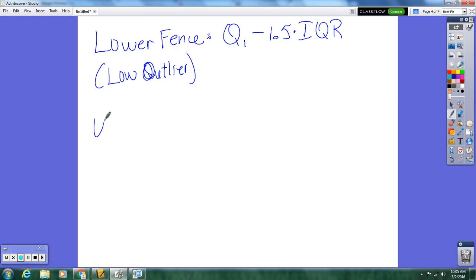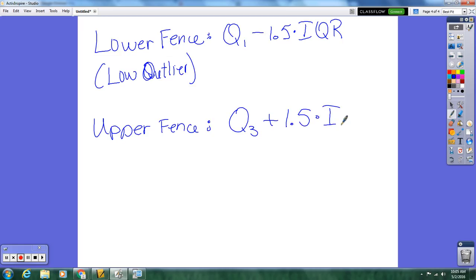And same thing on the upper fence, Q3 plus 1.5 times the IQR. And these are really easy numbers to figure out. I'm getting messy here. In fact, the calculator is going to do just about all the work for you.